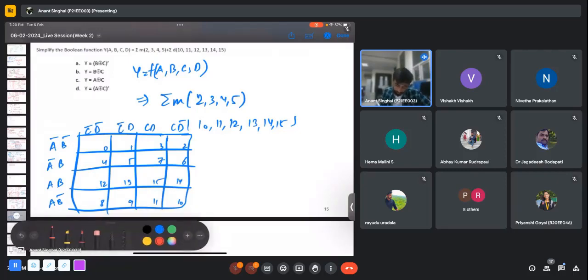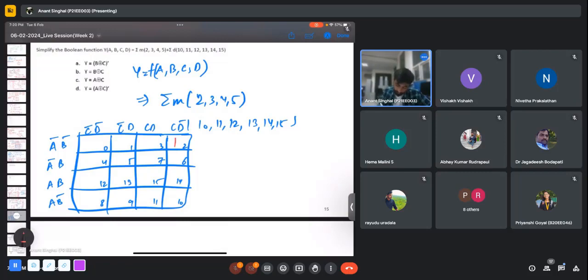Let's fill the same. So this is 2, 3, 4, 5. Then I've got don't care at 10, 11, 12, here 13 also, then 14, 15. In don't care, we just need to fill out once using the best combination.